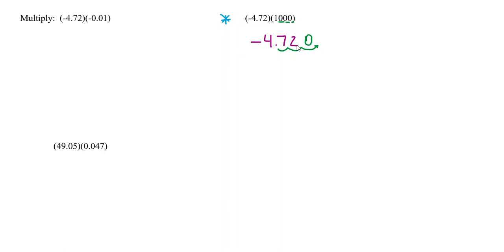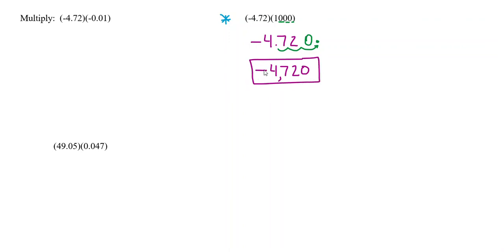It's after the decimal point, so it's okay. And then I can put my decimal there, moved it over 3 spaces, and that's my answer. So this is really simple. So negative 4720. I count over 3 spaces and put a comma, so it's negative 4,720, and that's how that works.